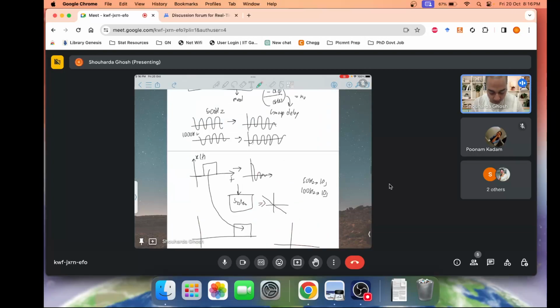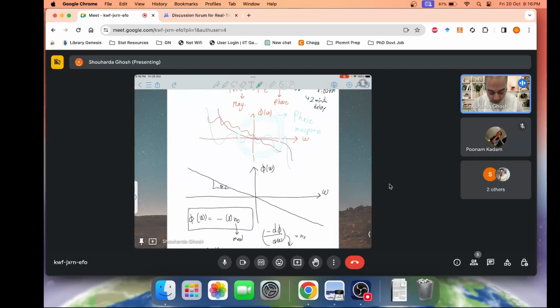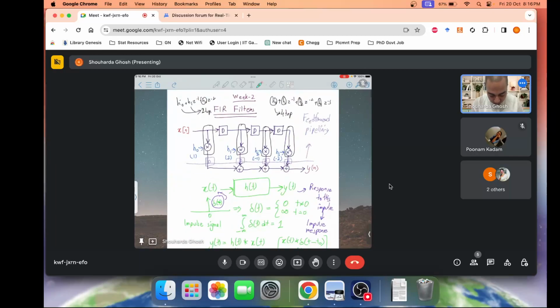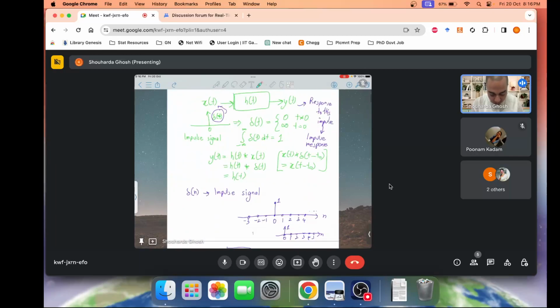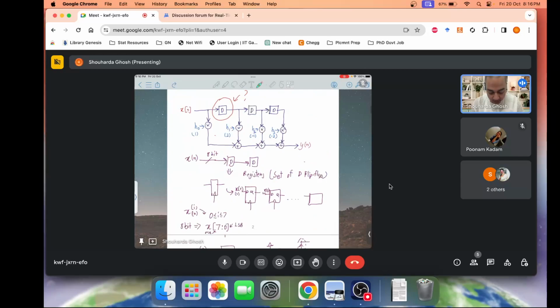Similarly, I talked about non-linear and linear systems. Here, FIR filters. Somebody asked a question about impulse response, and what these delays represent.